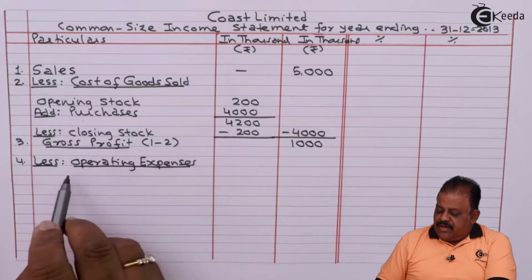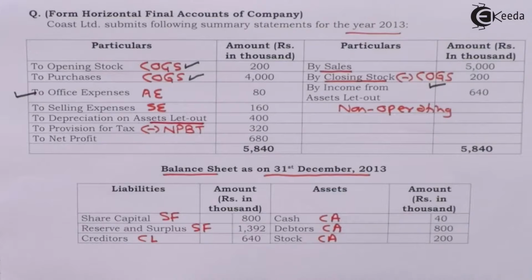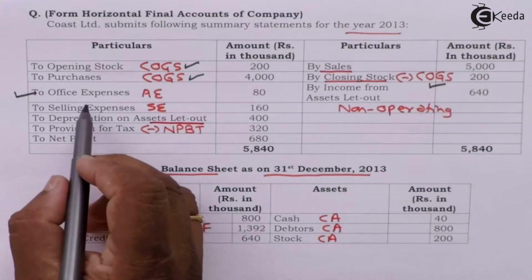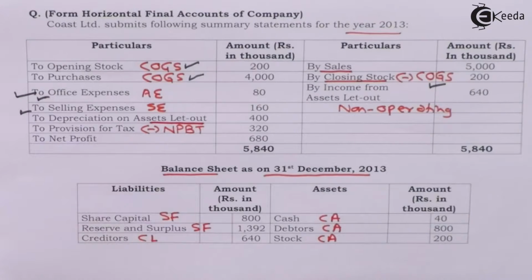From gross profit we are required to deduct operating expenses. In operating expenses we have office expenses, selling expenses.